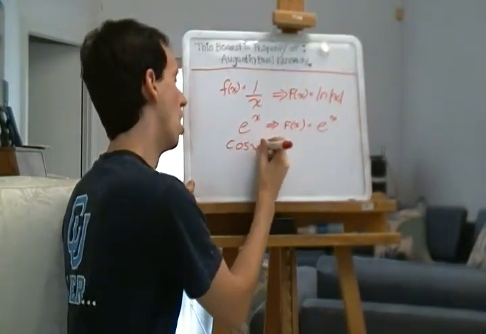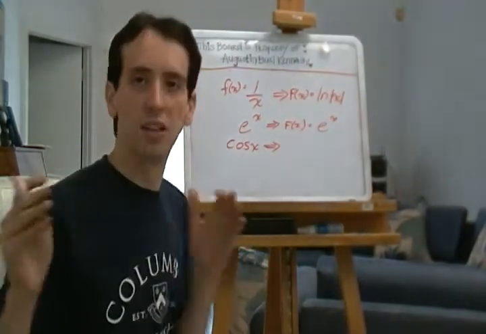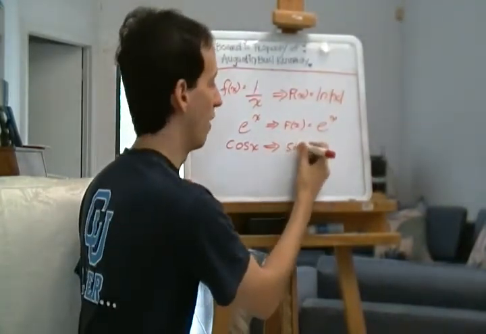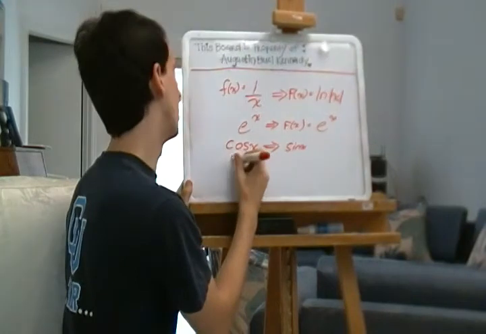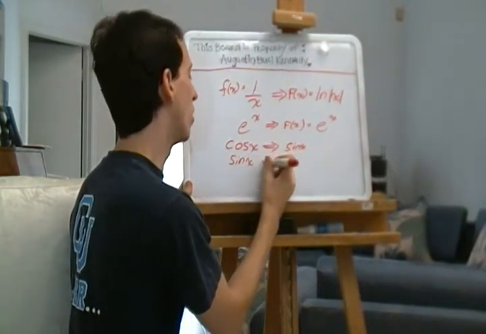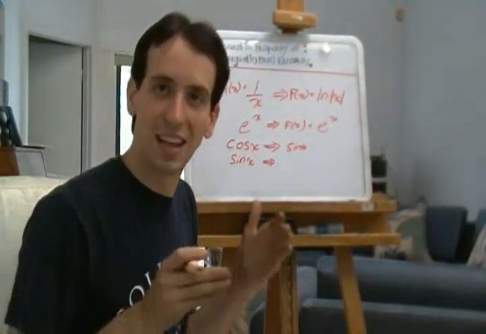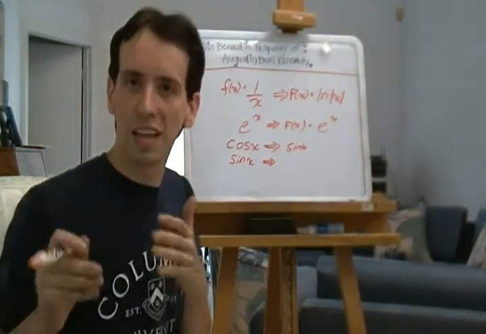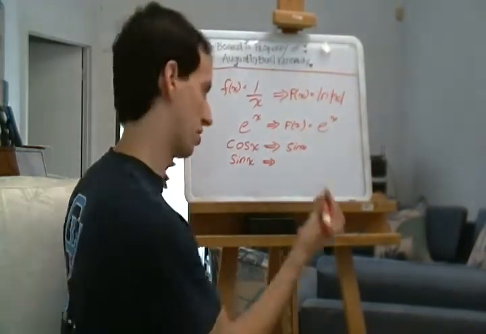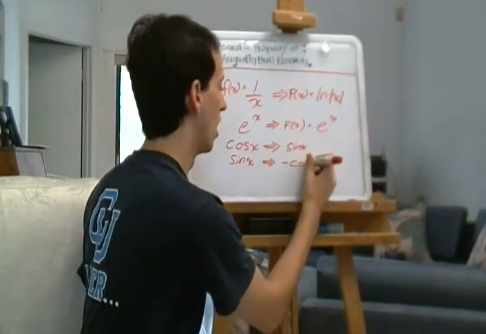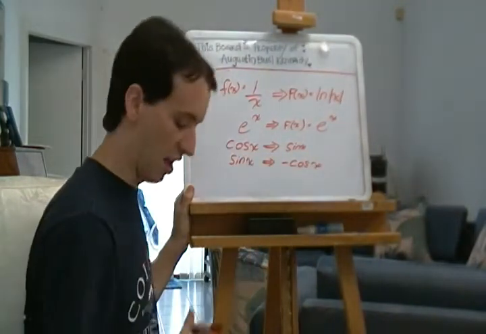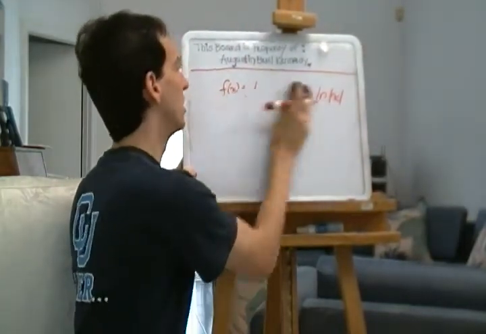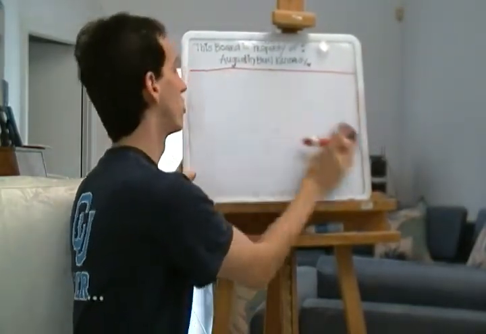Cosine of x, what function taking the derivative gives us cosine? We know that that's sine of x. And we know that the derivative of cosine is negative sine x, so the derivative of negative cosine x should be sine x, and in fact it is. That's the antiderivative for sine x. Then you'll get a few others. These are actually ones that we'll be starting to look at.